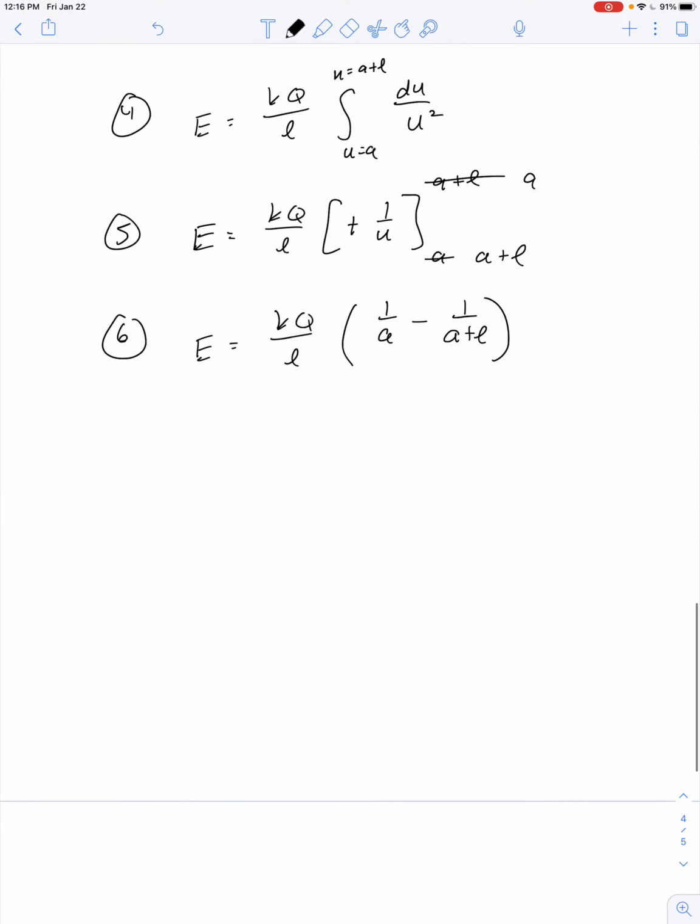Let's clean this up and see if we can simplify this. So how about we make a common denominator?